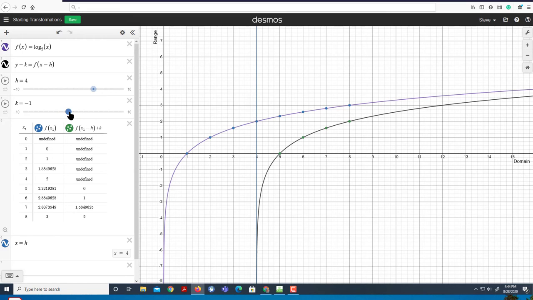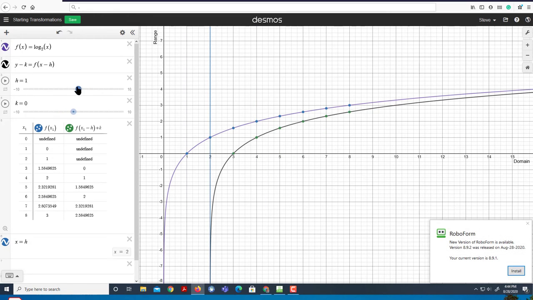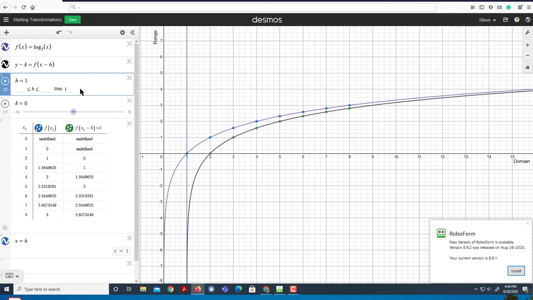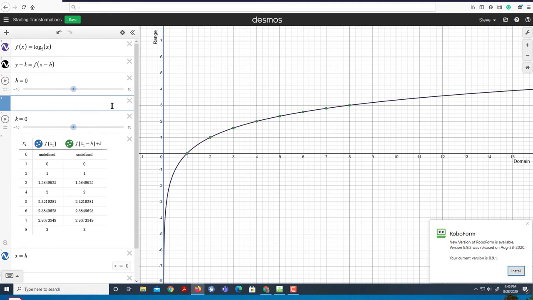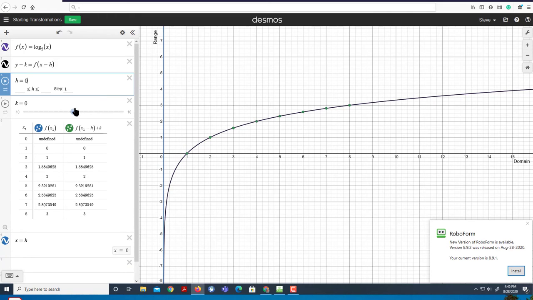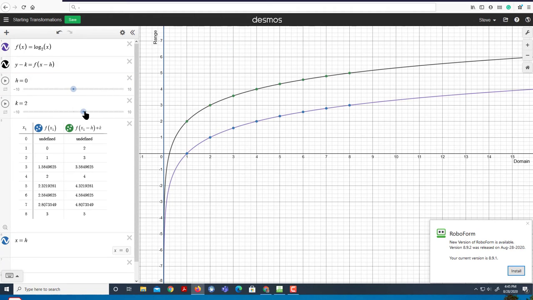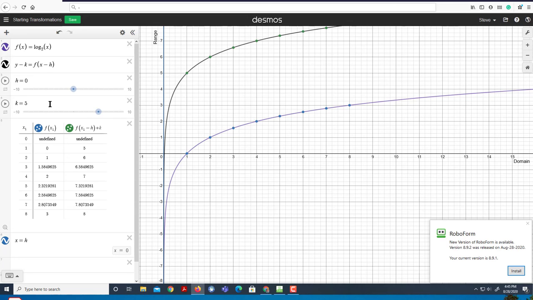Now let me pull this back to 0 because we didn't have anything inside. Now, we were subtracting 4. Now notice 1, 2, 3, 4. 1, 2, 3, 4.